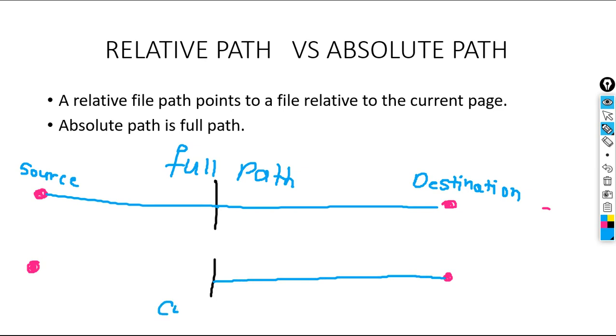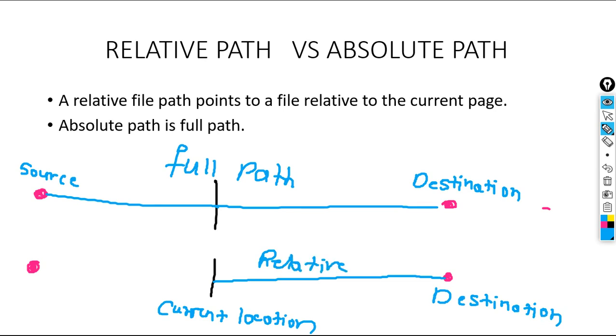This is the current location and this is the destination. Okay, so this path is relative path. Don't worry if you have not understood this example. When we learn the example practically, there you will have 100% crystal clear understanding.